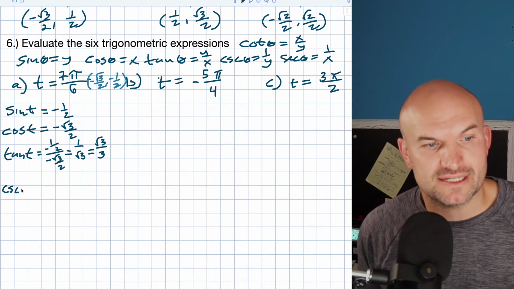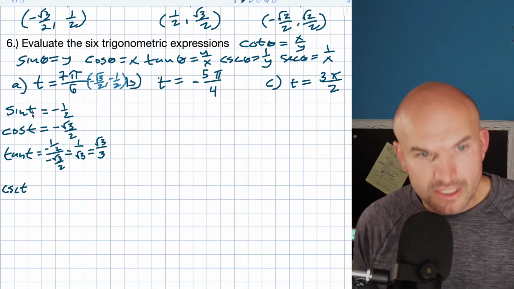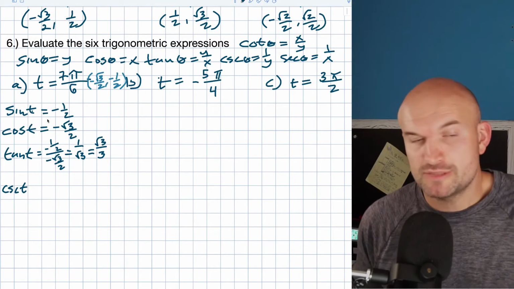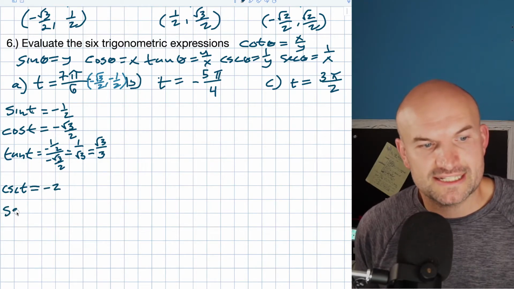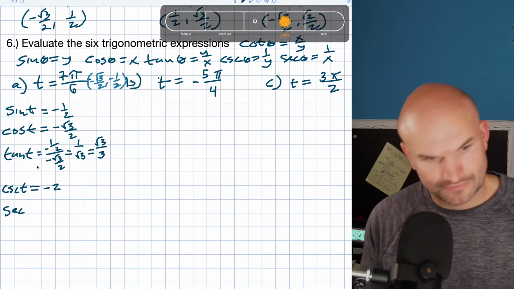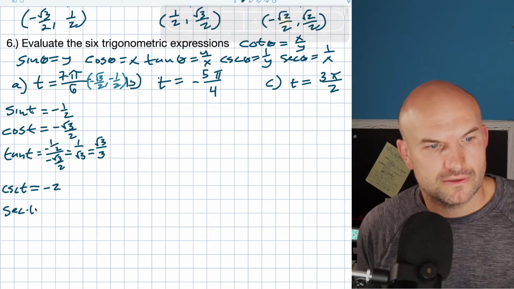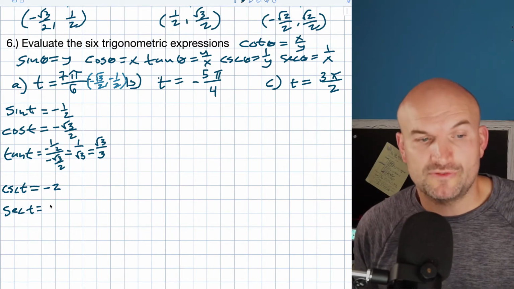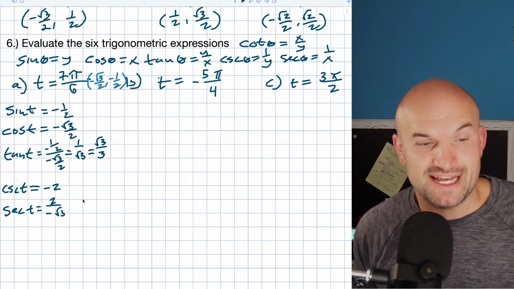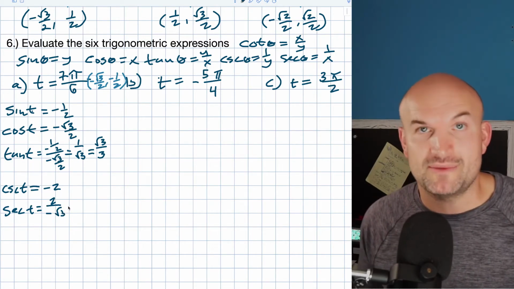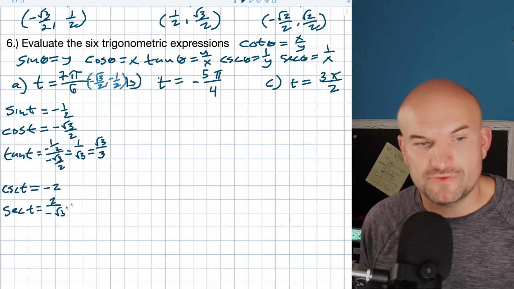Now let's go through the reciprocal functions. So the cosecant of t is just going to be the reciprocal, so that's going to be negative 2. The secant of t is going to be the reciprocal over here. So that one's going to be 2 over negative square root of 3, which again, rationalize the denominator. So multiply by square root of 3 on the top and bottom.